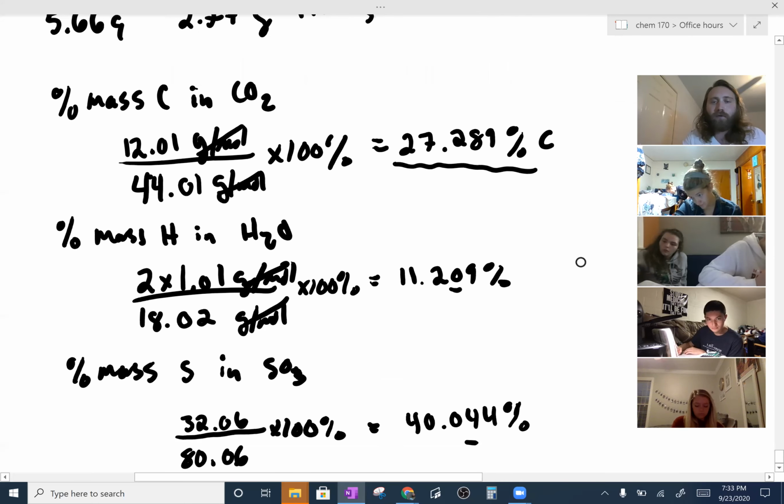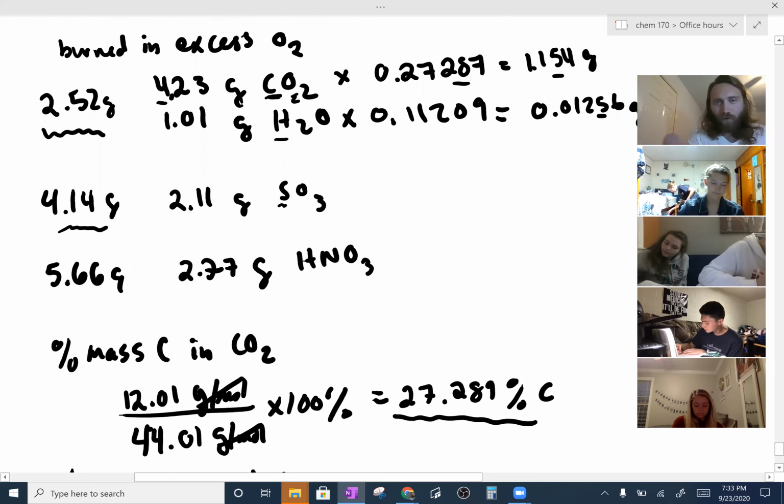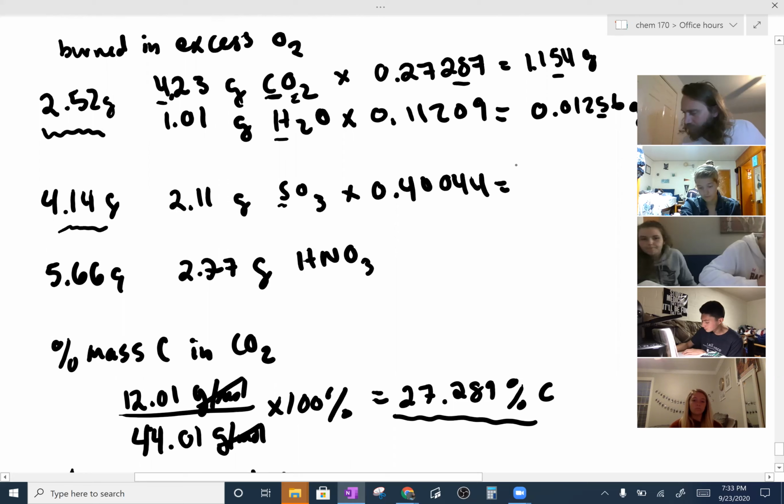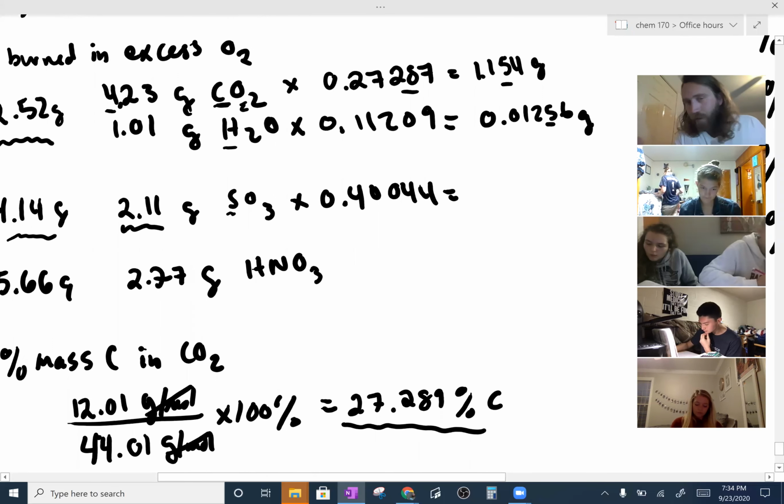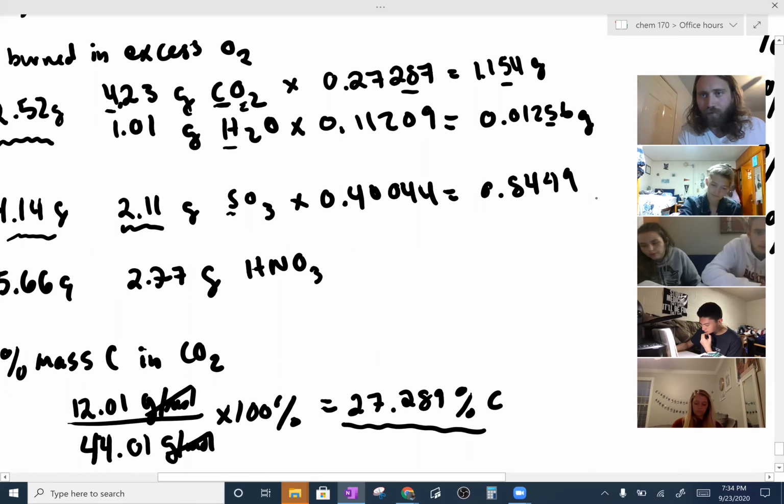So if we go up here and we multiply the 2.11 grams of SO3, not the 4.14, by that 40%, we find that we create a mass of 0.8449 grams of sulfur.